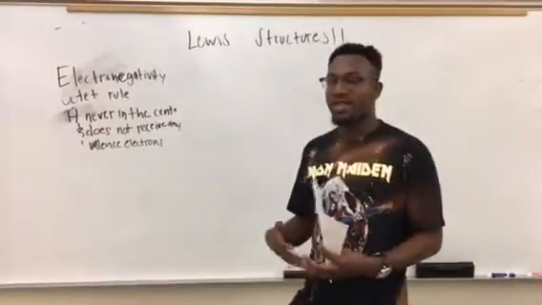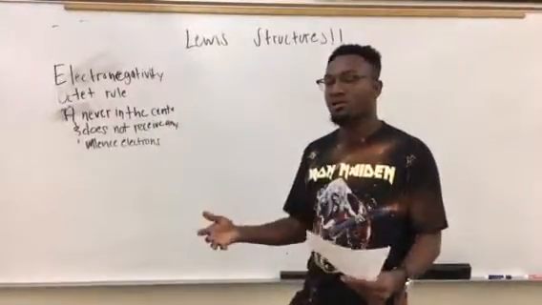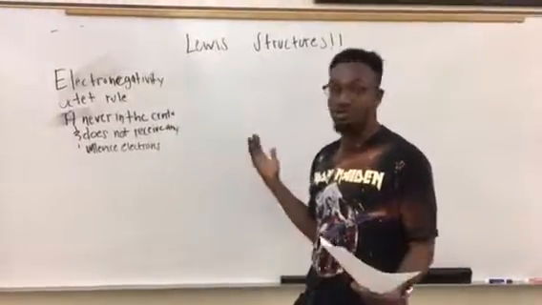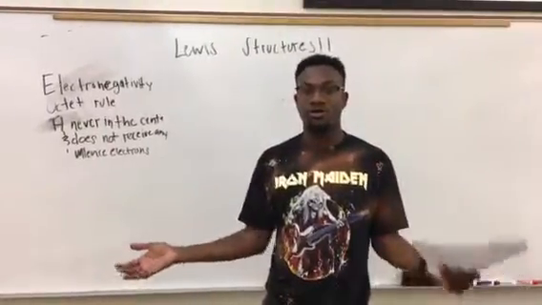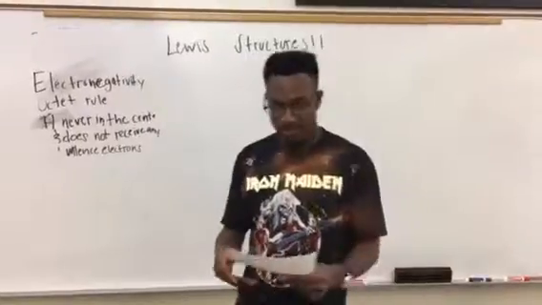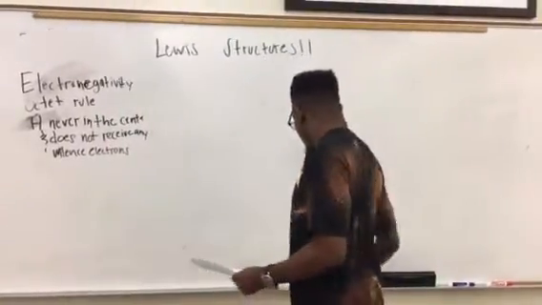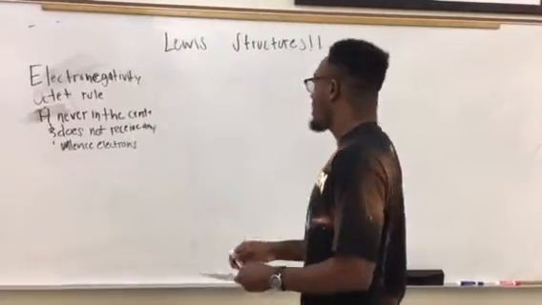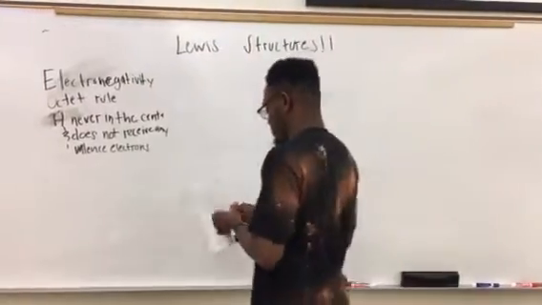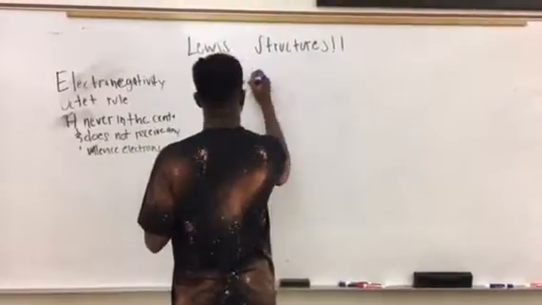Those are some rules that I think are really going to help you be better at drawing Lewis structures. So I picked out 2 of my favorite Lewis structures, and I'll go over how to draw them with you today. One of my favorites is silicon dioxide.